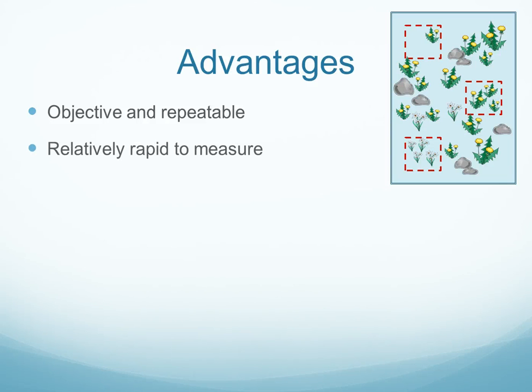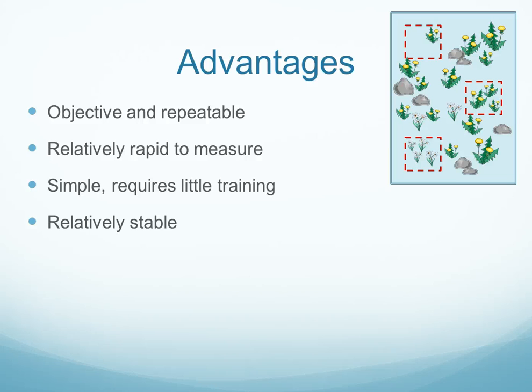It's relatively rapid to measure because there's not a lot of time. You don't have to spend time determining how many individuals there are, simply whether or not they are in the plot. And this makes it relatively simple to do and requires relatively little training for observers.